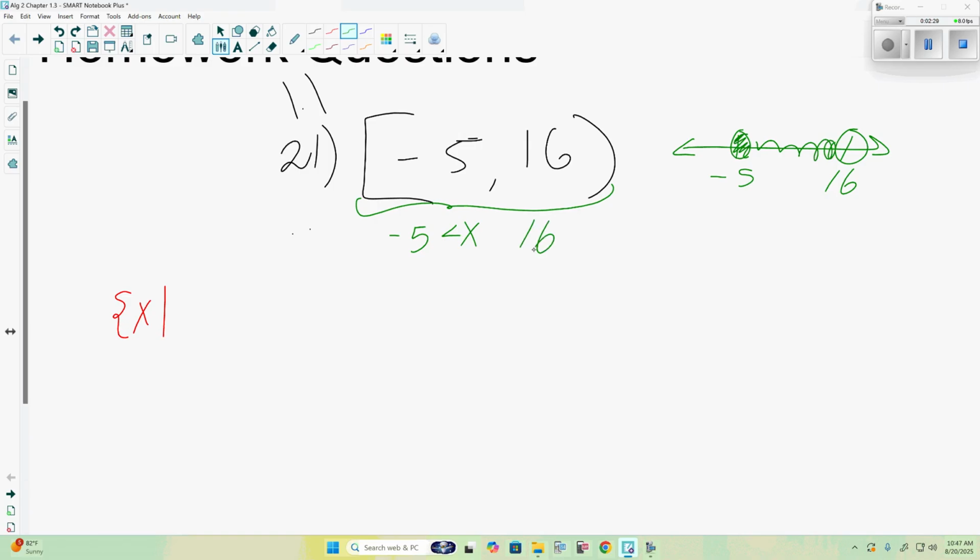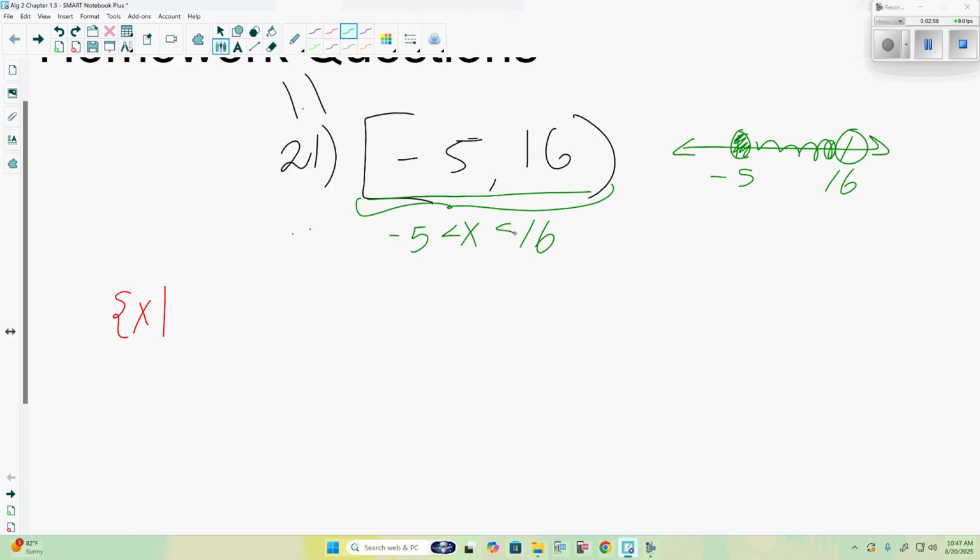So how do we tell it's bigger than -5? Here it's going to be between -5 and 16, because it's bounded, because we're given the two bounds of the interval. The only time we won't have a bound is when we're talking about, say, -5 to infinity. Then we're just saying x is greater than -5.